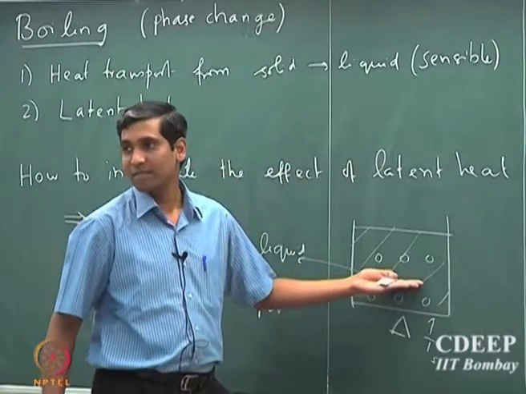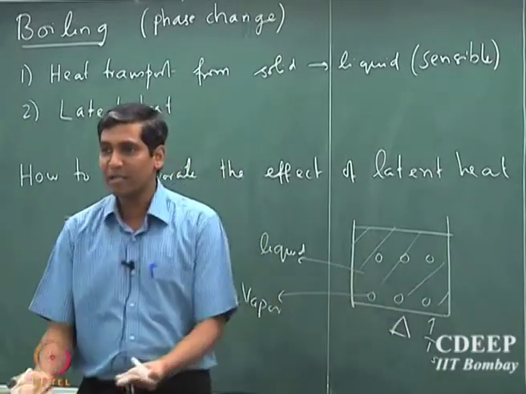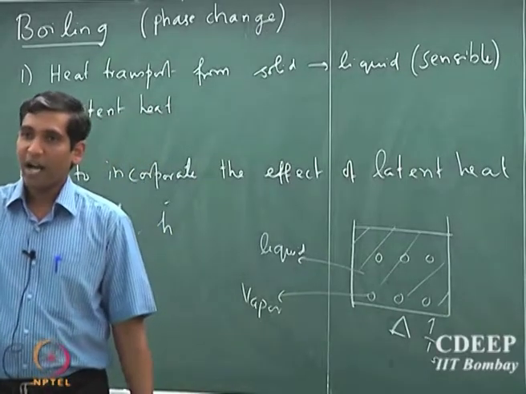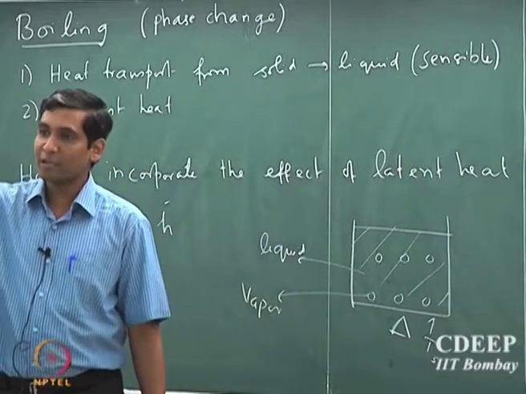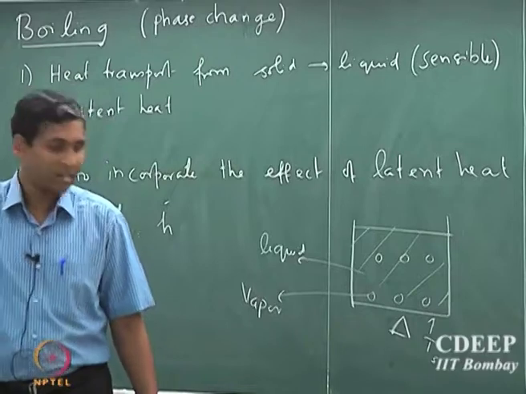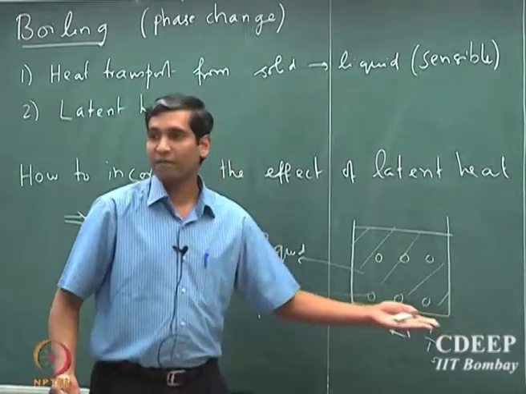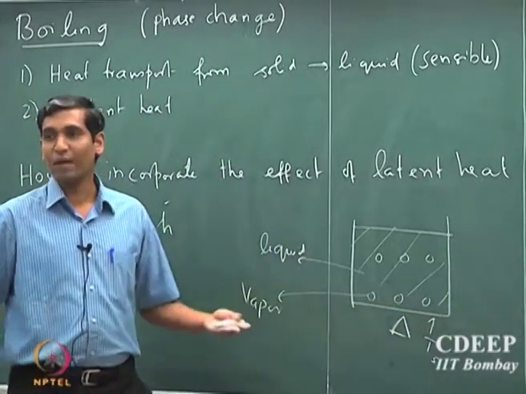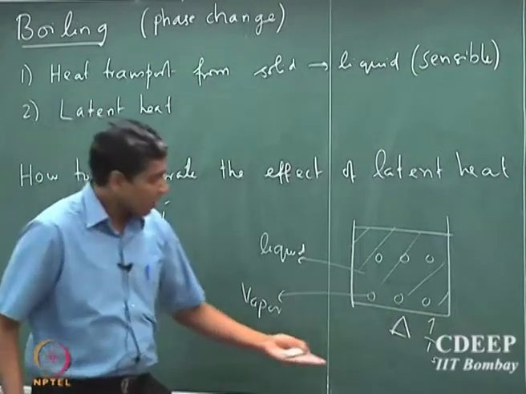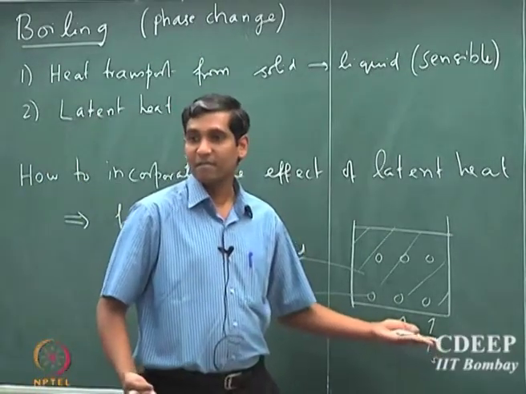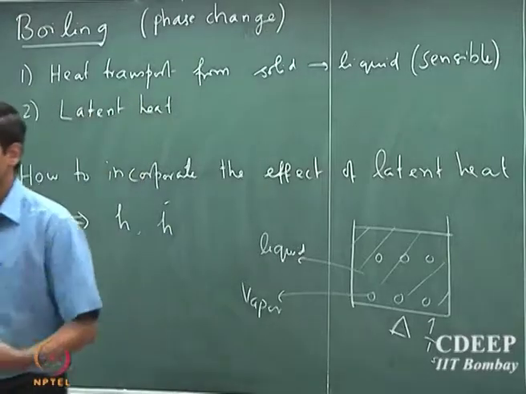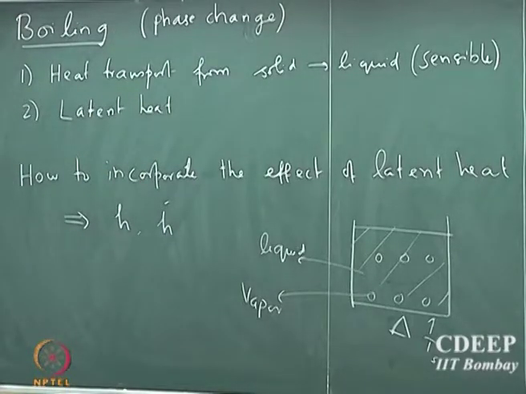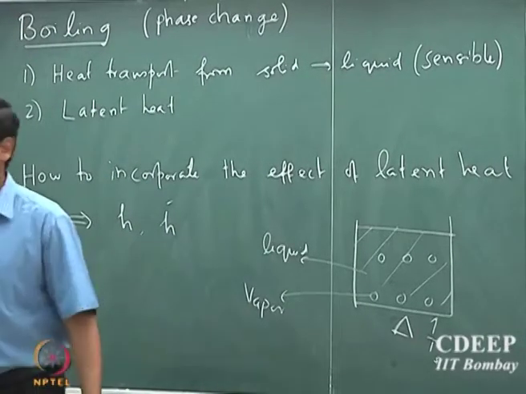I keep supplying heat, and whatever energy is supplied to the surface is now taken up by the fluid, and the fluid sensible heat is going to increase, and the moment it reaches the boiling point or the saturation temperature at the given conditions, some fraction of this fluid is going to get converted into vapor phase. If I continue to heat further, more fluid is going to become vapor, and that is what we have observed when we heat water in our kitchen, right.